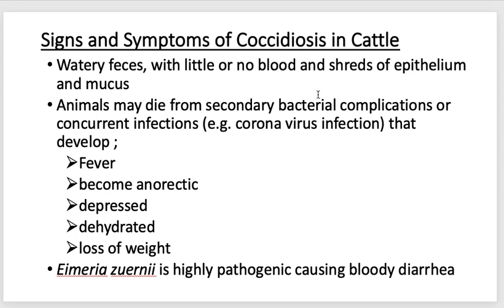But by affecting the GIT and by affecting the animal, if the animal after the effect of protozoa then gets another infection, it can be a bacterial infection or it can be a viral infection such as coronavirus infection of the cow, then this secondary infection will cause the animal to die, and it can develop symptoms such as fever, anorexia, depression, dehydration, and also loss of weight or unthriftiness. The animal will lose the body mass.